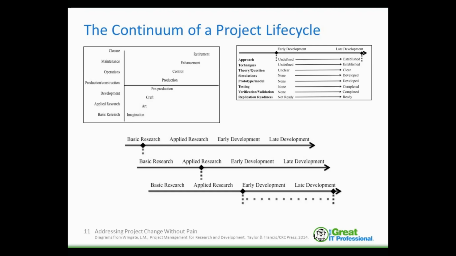But these types of situations require a careful assessment of change controls, because you want to ensure that the appropriate controls for change are actually applied to each of the elements and the type and where they are in their project life cycle.